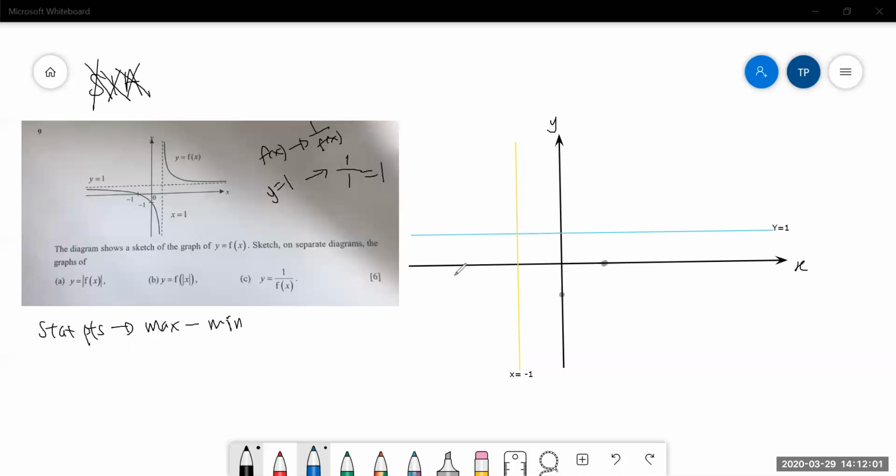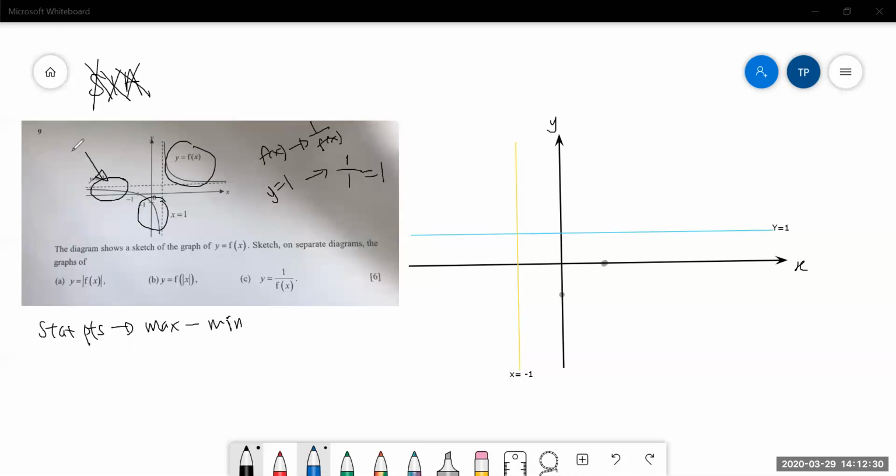The first point is that if the graph is above the x-axis, it should remain above the x-axis. So we need to know where each and every part of the graph will lie. We have this part, this part, and this part. This part, will it be positive or negative?